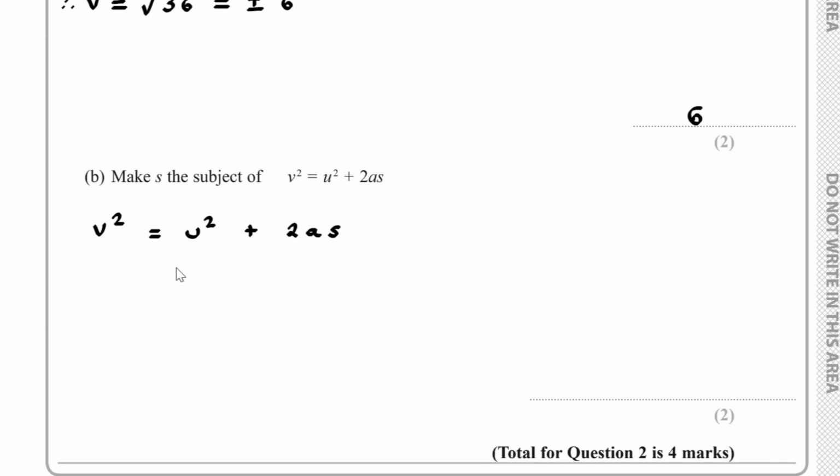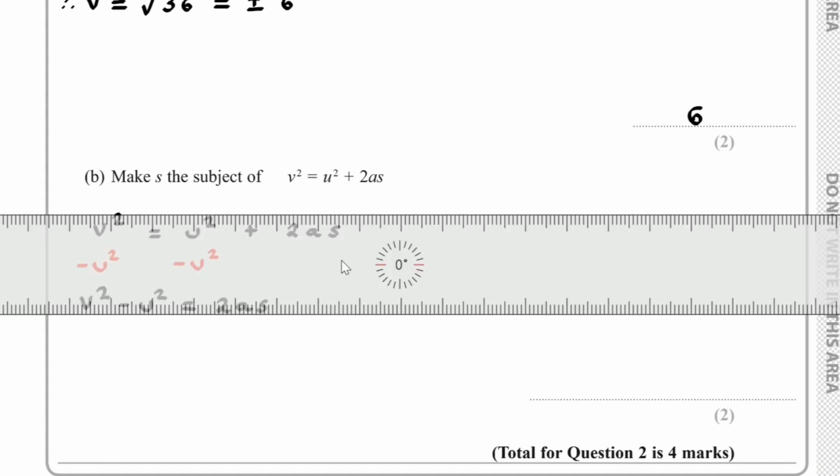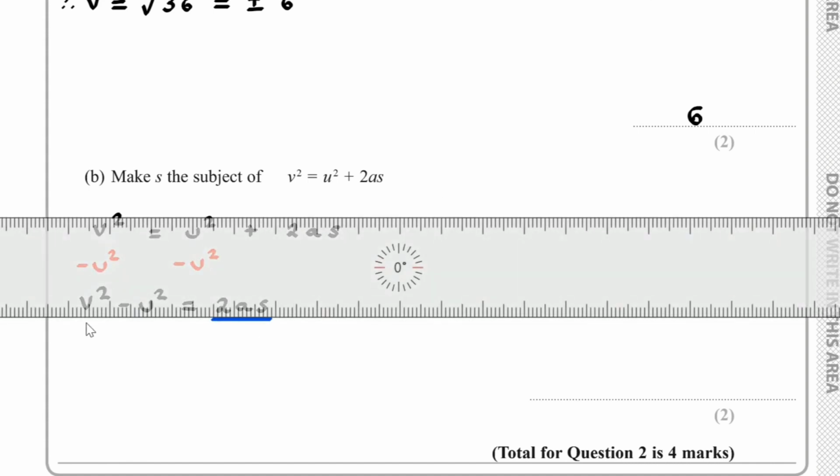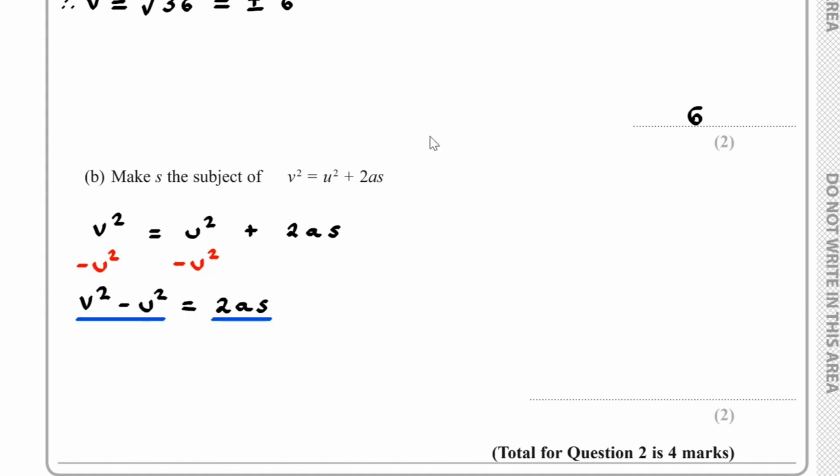If we subtract u squared from both sides, that leaves us with v squared subtract u squared equals 2as. And at this point, we can divide both sides by 2a.